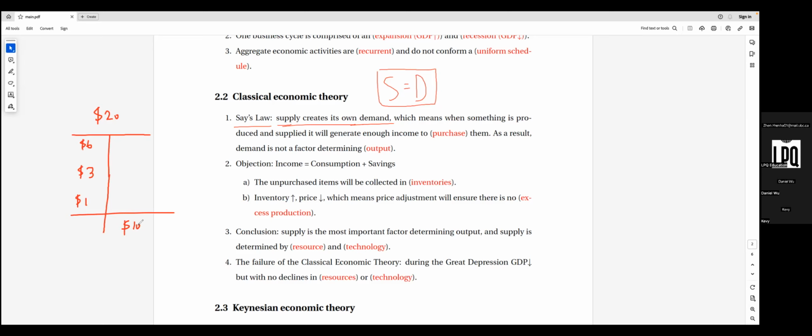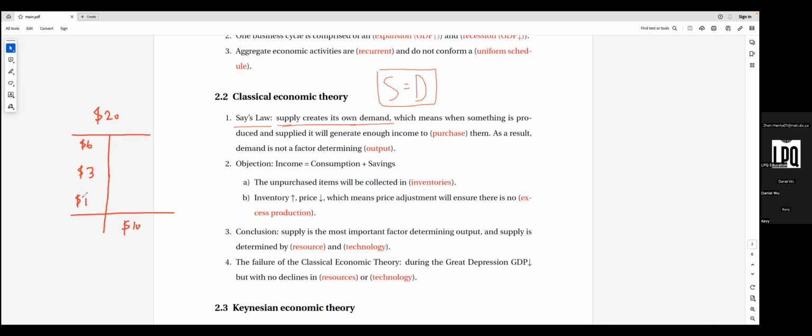What we learned from this story is we can break down the price, in this example $20, into different numbers. All these numbers are income made by the different people involved in this production process, who contributed production factors and resources to my business. I can make $10.